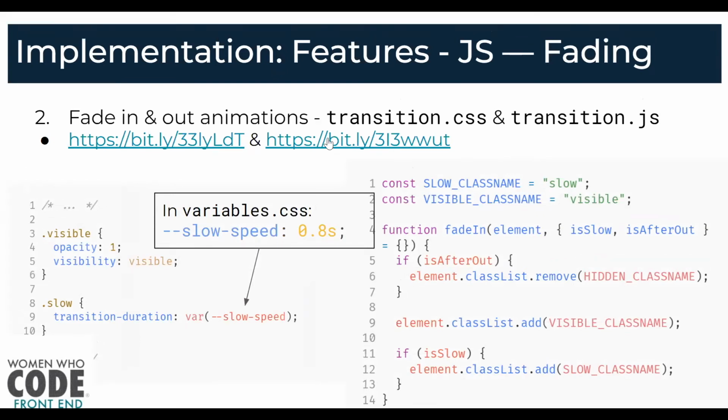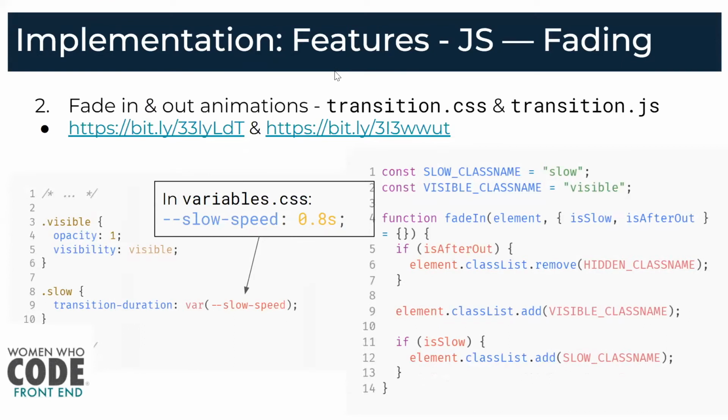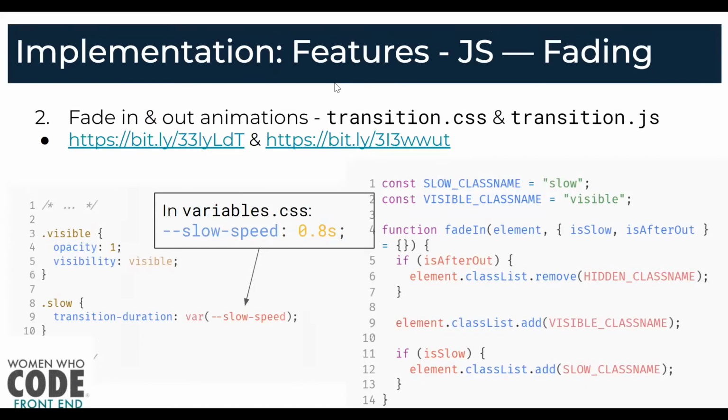This is transition.css. This is transition.js. Here, I'm just looking at the fade in animation. First, the arguments are element, isSlow, and isAfterOut. isAfterOut means that this gets executed after the fade out function has been executed on that element.